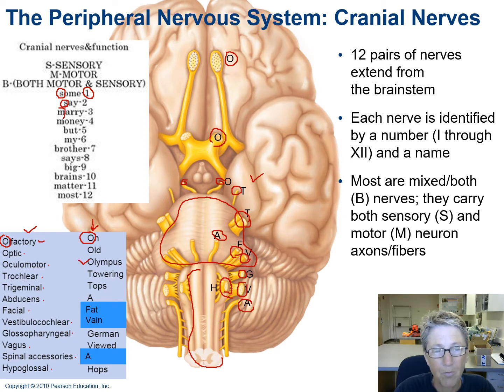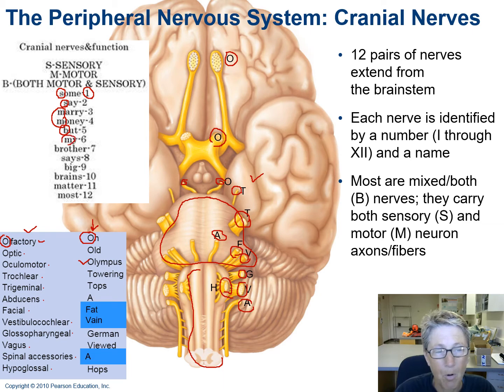Cranial nerves 3 and 4 would be motor, and this is a little tricky because they're mostly motor. And then cranial nerve number 5 starts with a B, which means it has both sensory and motor axons.